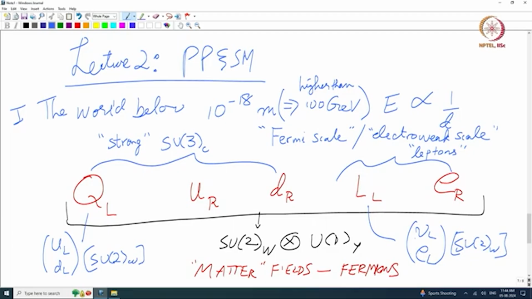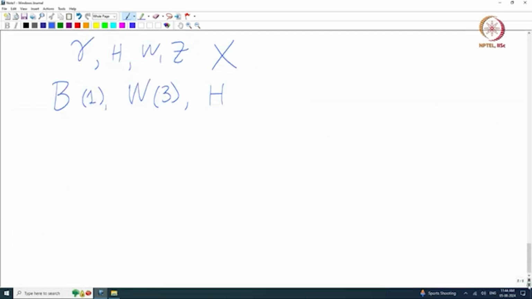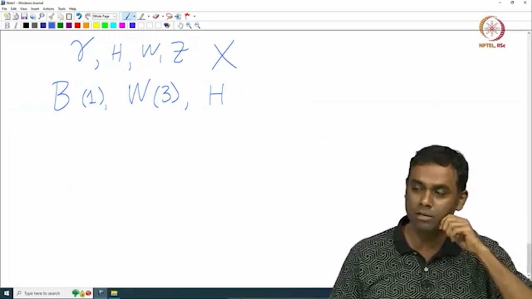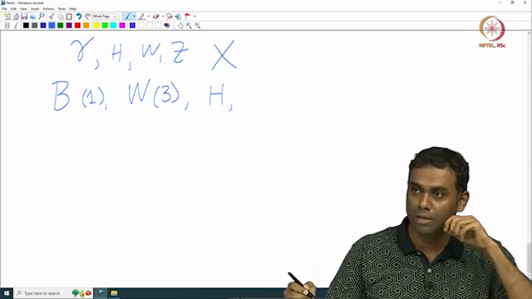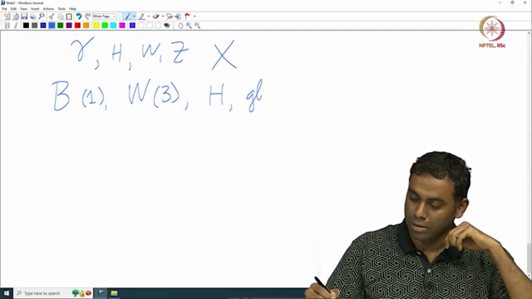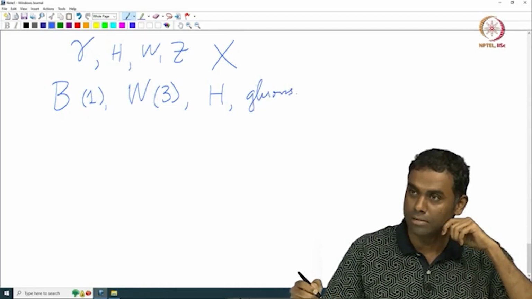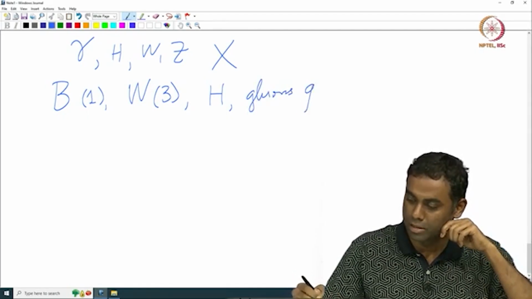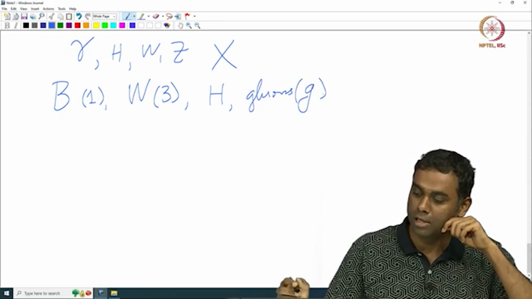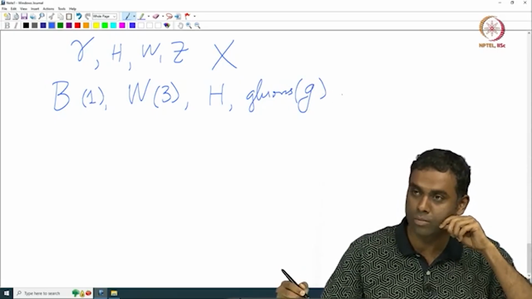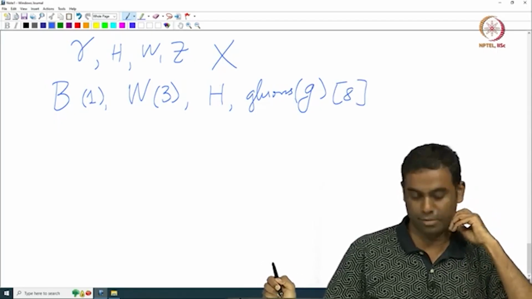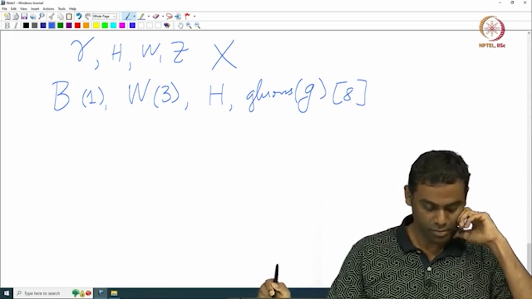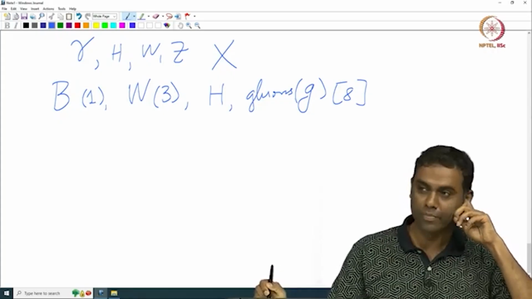The SU3, exactly. So what are the gauge bosons associated with the SU3? They are the gluons, right? Commonly denoted as G. And how many of them are there? Does anyone know? 8. Yeah, there are 8 gluons, exactly. Okay, very good.